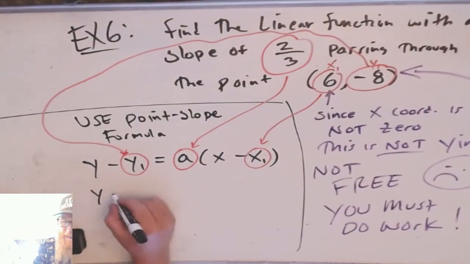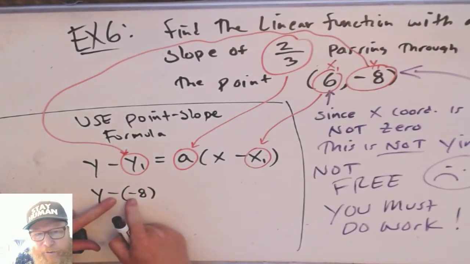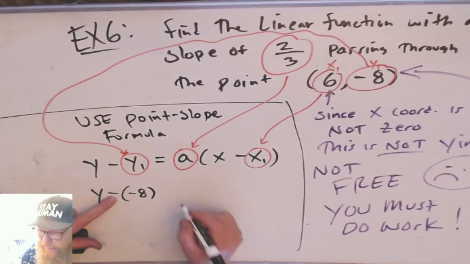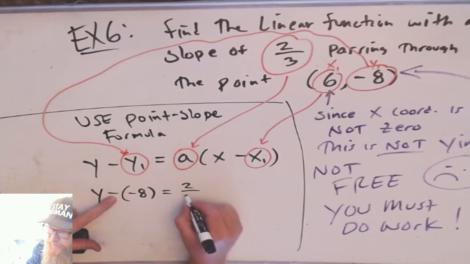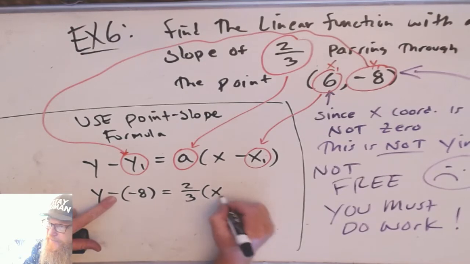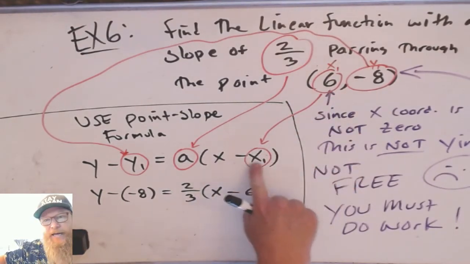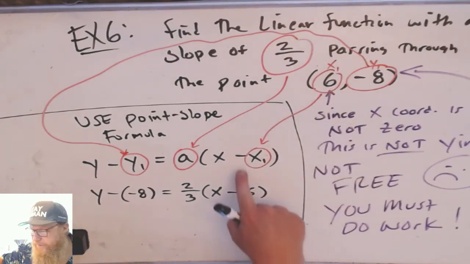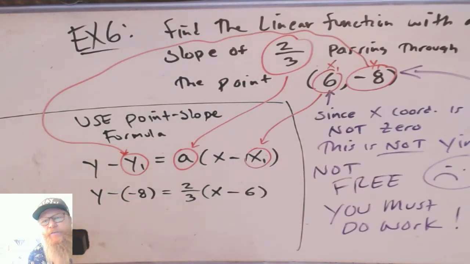Okay, so I got y minus -8. Be very careful. I know I've mentioned this before. Don't just write y minus 8. It's y minus -8. And then you have a is 2/3, and then x minus 6. Again, the 6 is a positive, but when you plug it into the formula, it becomes -6. So be careful with negative signs.